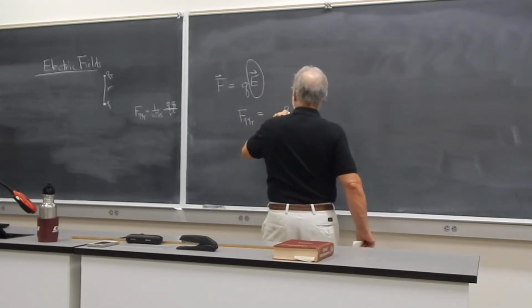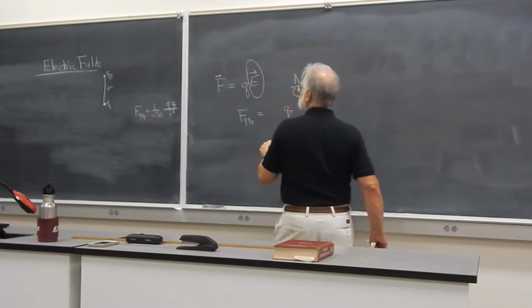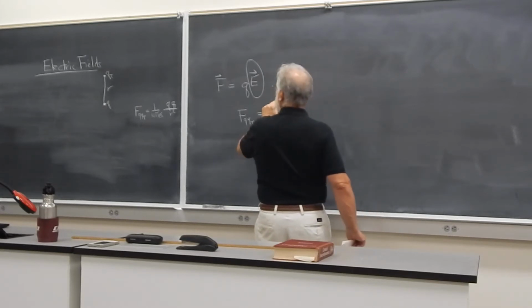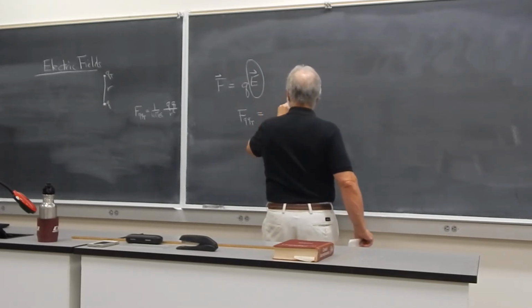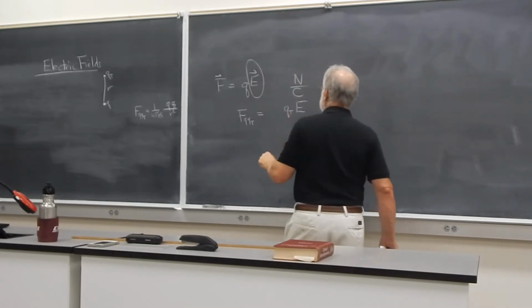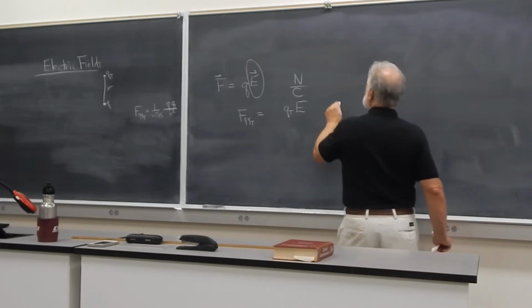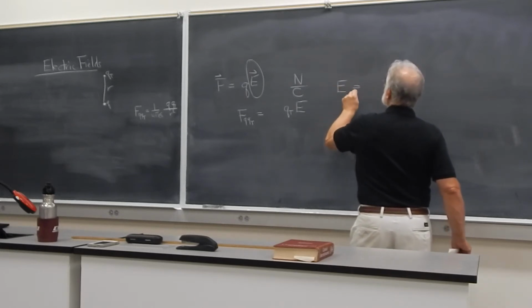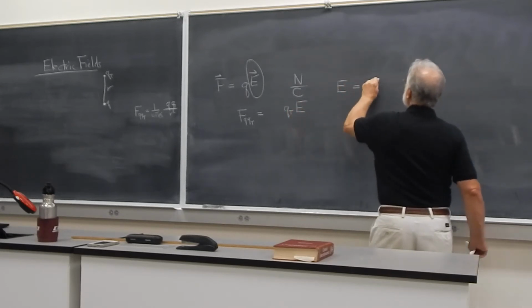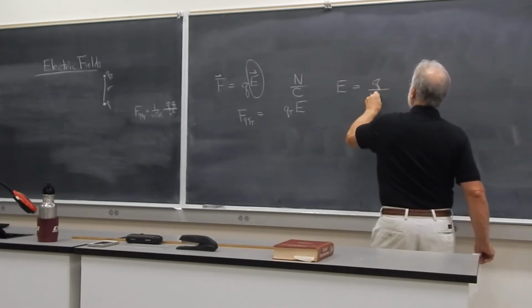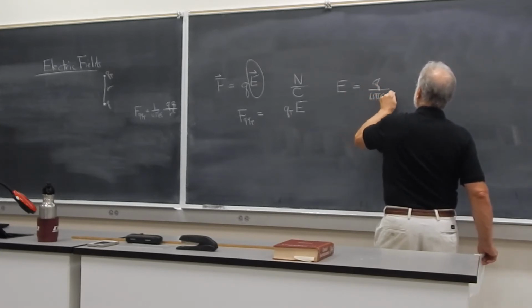the size of the test charge times the electric field due to charge Q, which tells me the electric field due to charge Q must be Q over 4 pi epsilon naught r squared.